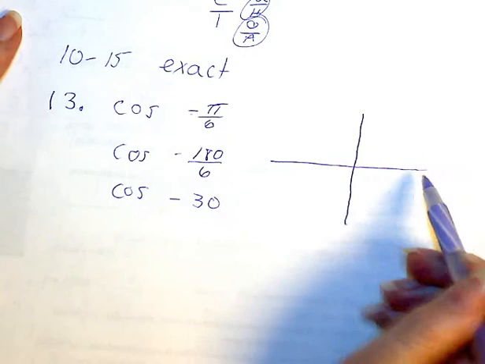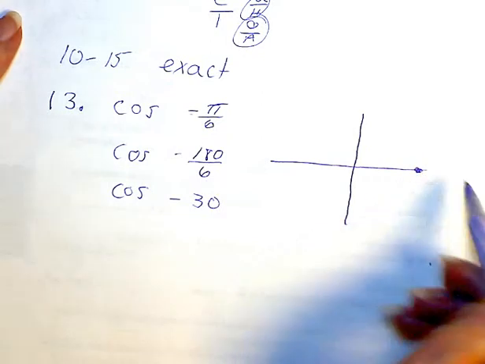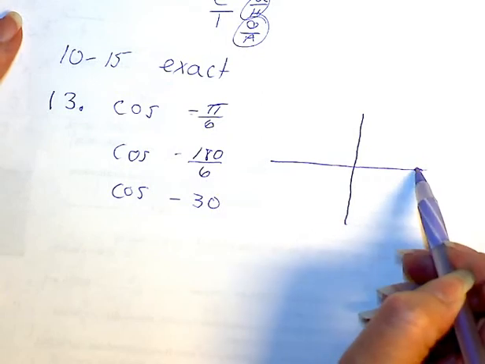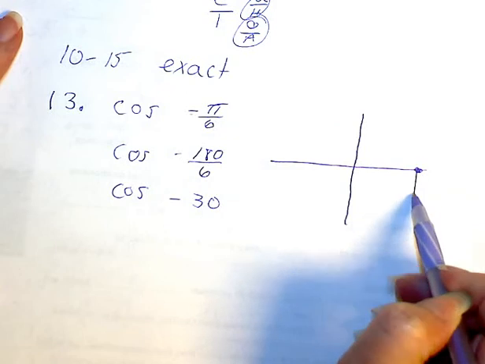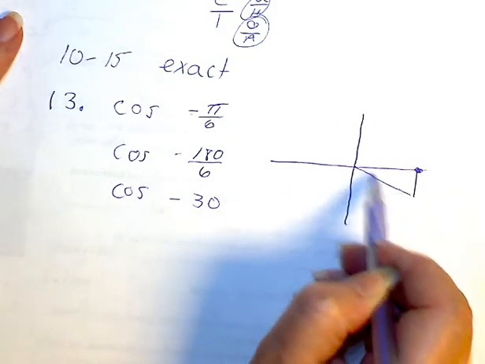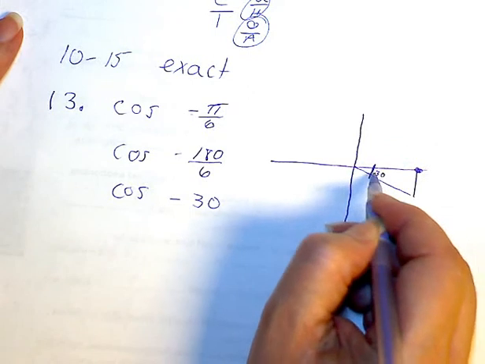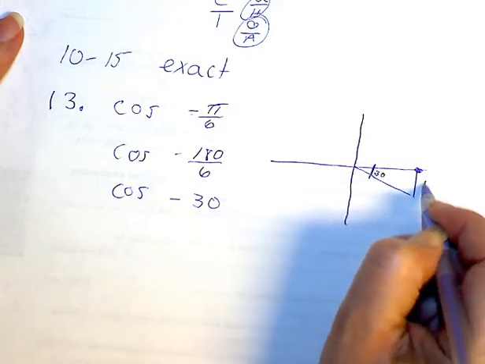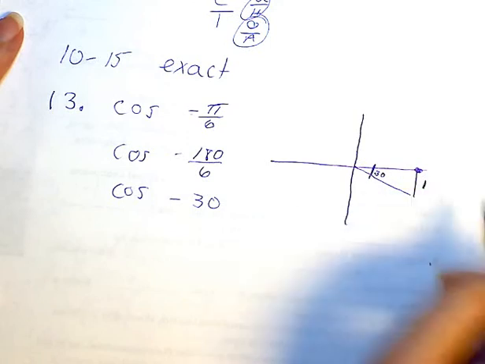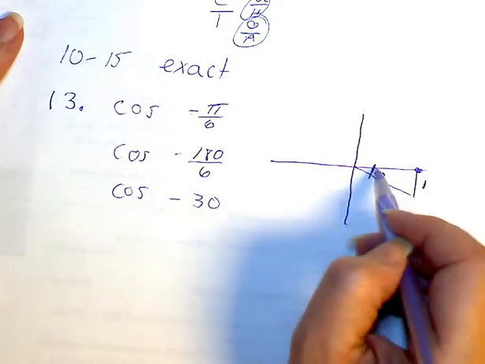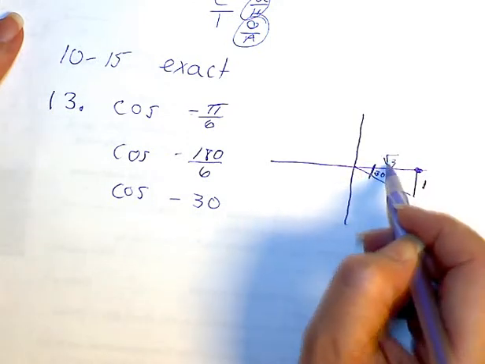If we are here, which direction does negative go? Downward. So we're looking for 30 degrees right here. If this is 30, across from 30 is my 1, the leg, and this one is the square root of 3, and this is 2.